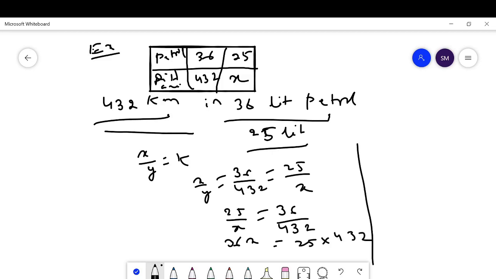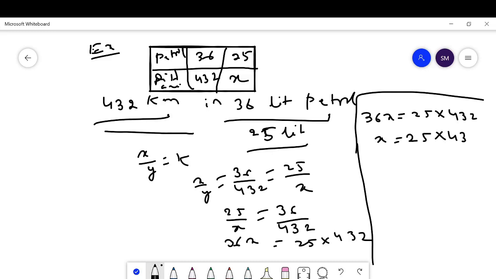Then I share the board, because if I do it on the next page, it will be difficult for you to recall the question from the start. Then x is equal to 25 into 432 upon 36.